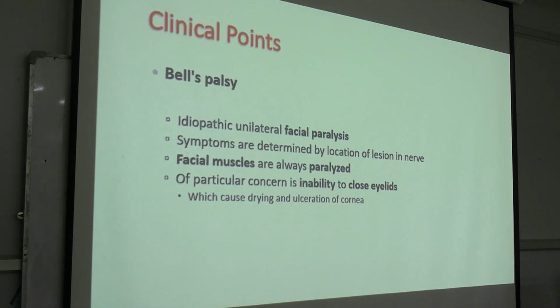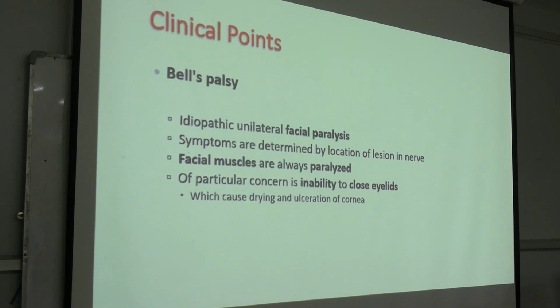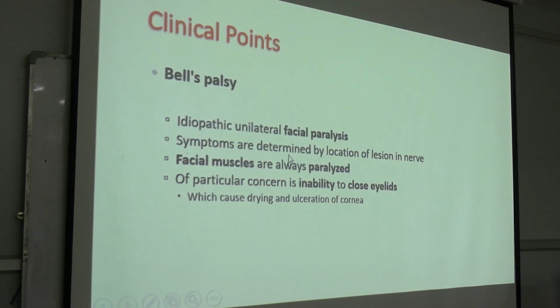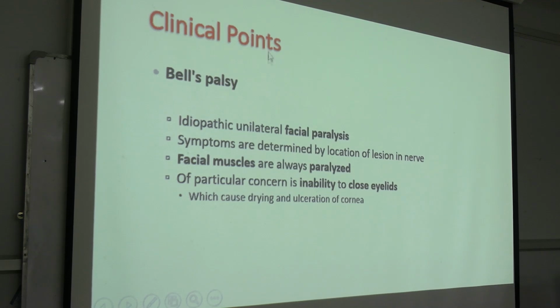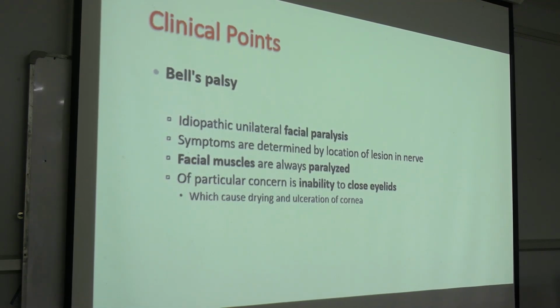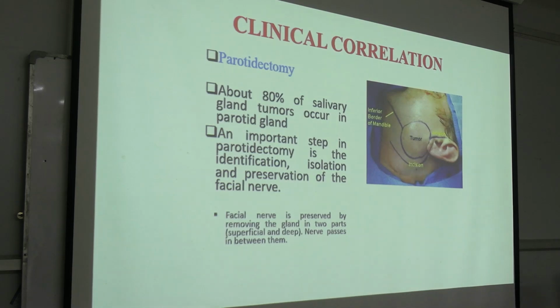This kind of nerve palsy we call Bell's palsy, which involves the facial nerve. If the facial nerve of that side is involved, the muscles of facial expression it supplies are not going to work. So the facial muscles of that side will be paralyzed, and this is Bell's palsy, the 7th cranial nerve palsy, involving these divisions.